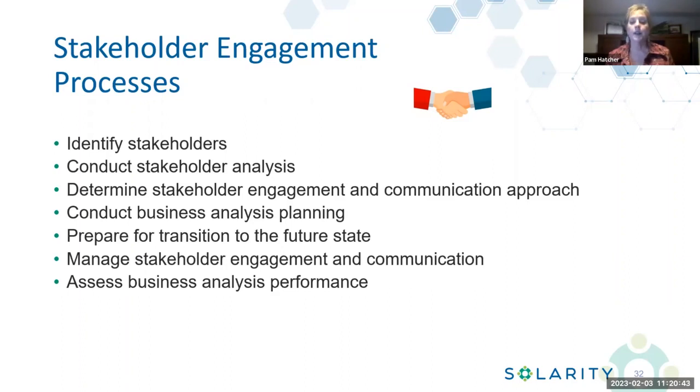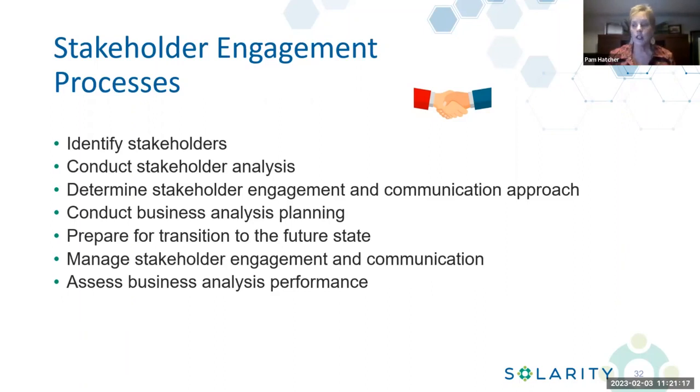Conducting shared agreement regarding business analysis activities. Determining whether the organization is even prepared for a transition and how you're going to move them from current state to future state. Engaging and communicating with stakeholders to foster their appropriate involvement in business analysis activities, and assessing the effectiveness of the business analysis practices.